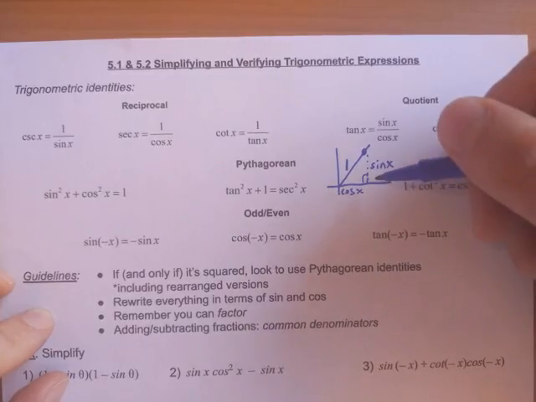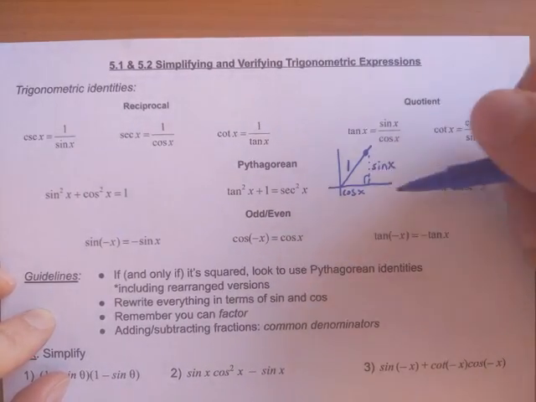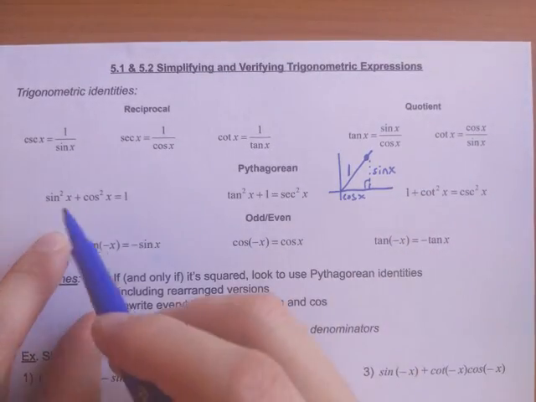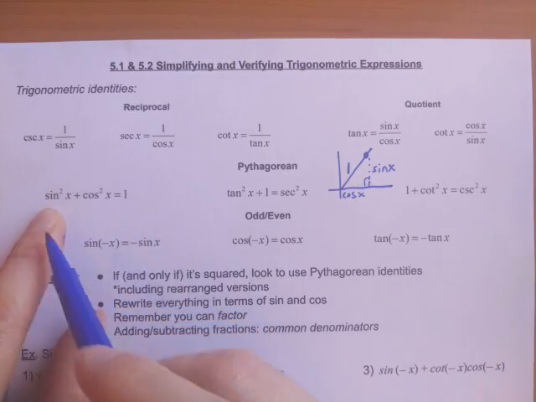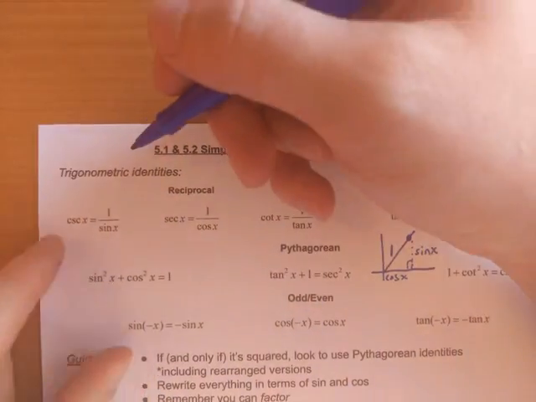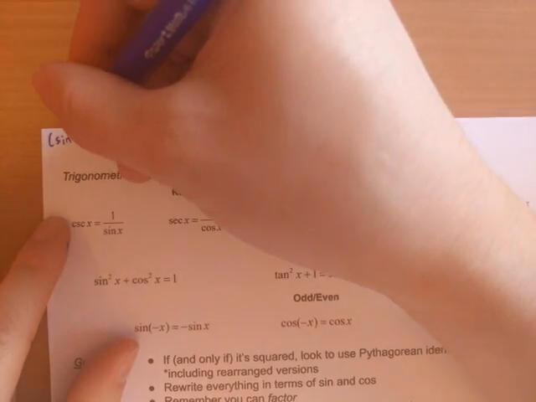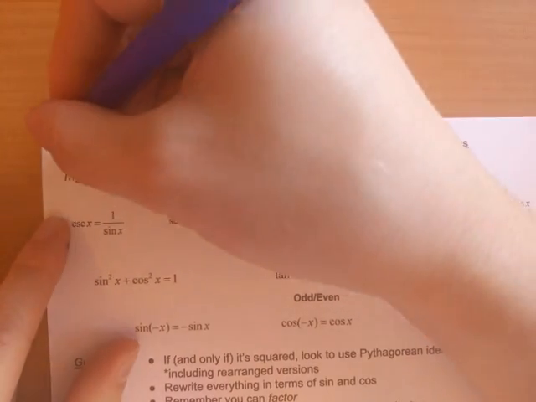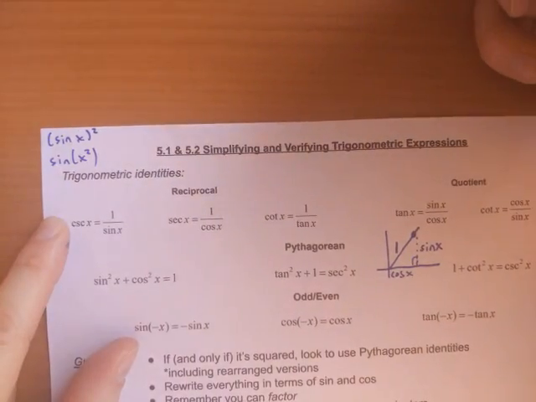Well, if you just do the Pythagorean theorem on this triangle here, you'll have that sine squared plus cosine squared is 1. You notice this notation that we use here, we put the squared right next to the trig function. We're trying to show the difference between having sine of x, quantity squared, versus sine of x squared.